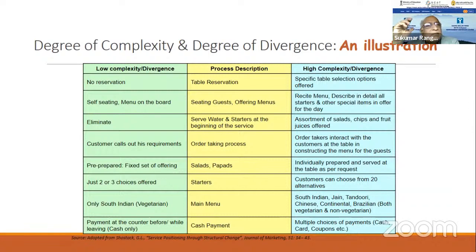These places can't afford to have too much variety in the menu. Of course, idli is idli, dosa is dosa. Many things are standardized. There is no reservation. People come and buy here. Usually they buy a token, go to the counter and say what they want. Invariably, most of these places do not even have a table and chair to sit.